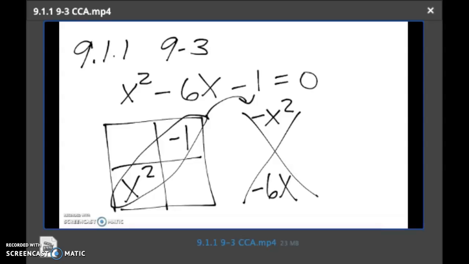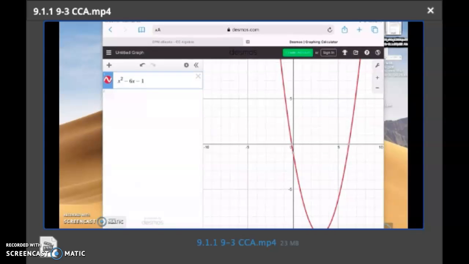So then the question is, if it's not factorable, does that mean there aren't any roots? There aren't any x-intercepts? To check that, I'm going to go to my graphing calculator. I've already put my equation in here, and I can take a look at the parabola. I'm noticing that there are, in fact, x-intercepts, and I'm going to click on them.